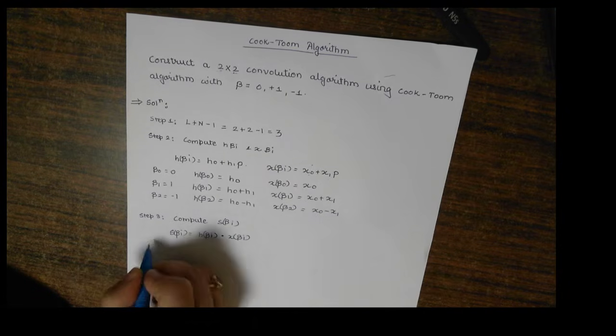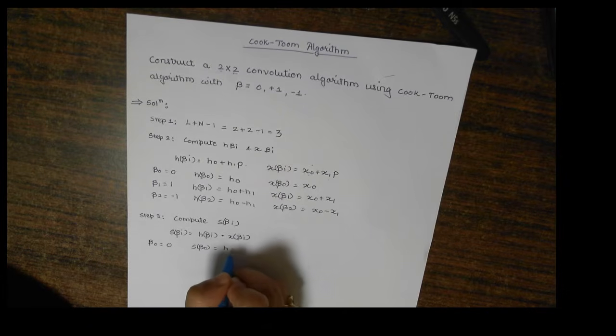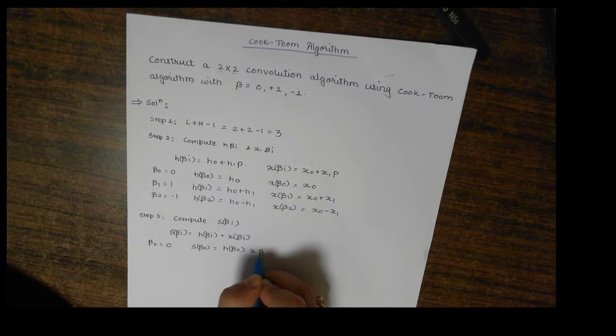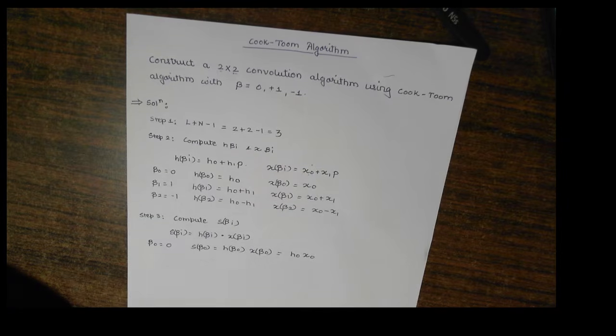So for beta 0, s beta 0 equals h beta 0 into x beta 0, that is equal to h0 x0.